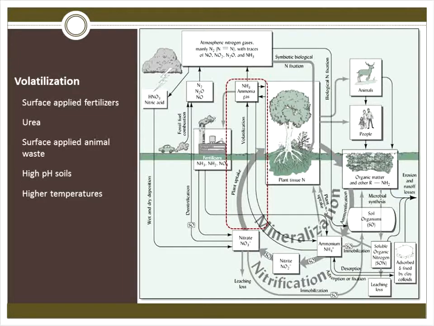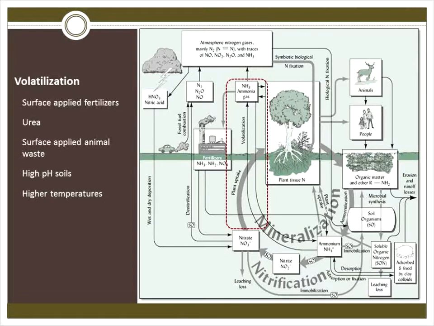The other thing that's really important is high pH soils and higher temperatures. These two conditions increase the rate of volatilization of ammonia gas. Here in North Carolina, as Dr. Krause described, our soils tend to be acidic. And typically, we don't want to lime our soils much above 6.3 or 6.4 because we start having micronutrient deficiencies.